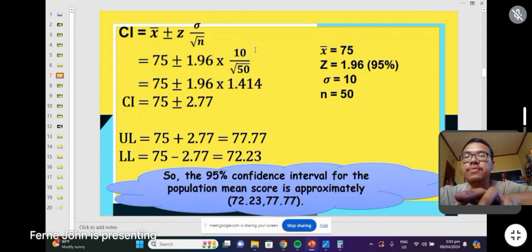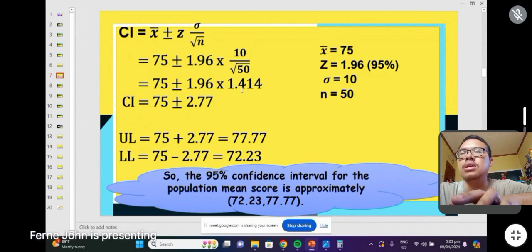The square root of 50 is 7.071. After finding the square root of 50, we will divide 10 by 7.071.